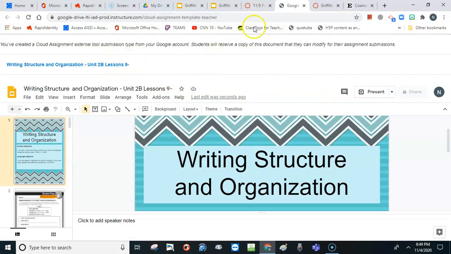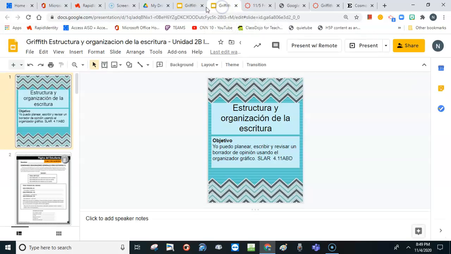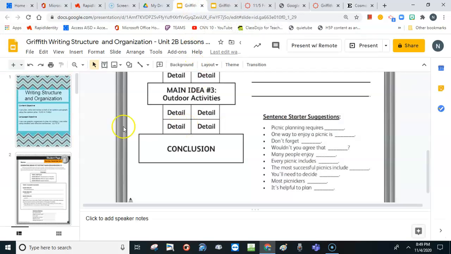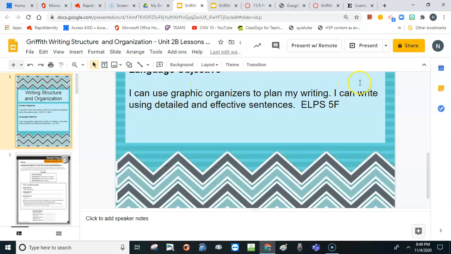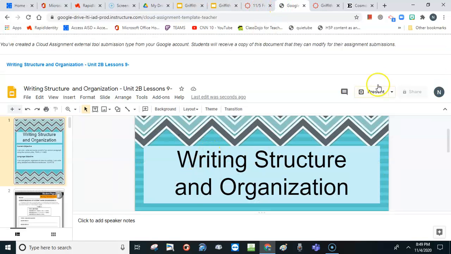However, when you click on the title, now you're opening it in Google Drive, and so you no longer have the submit button. But any changes that you make on this Google slide will automatically be made here too, and then you can always come back and submit on this one. This one is the one in Canvas because it has the world that looks black and white.